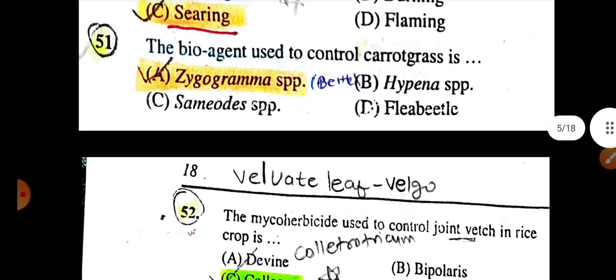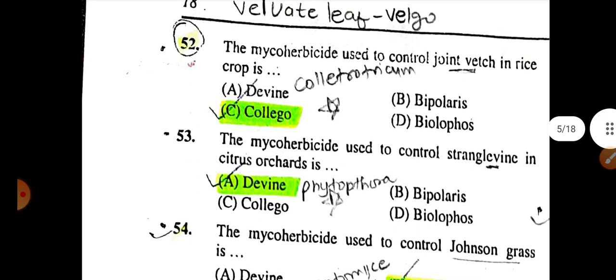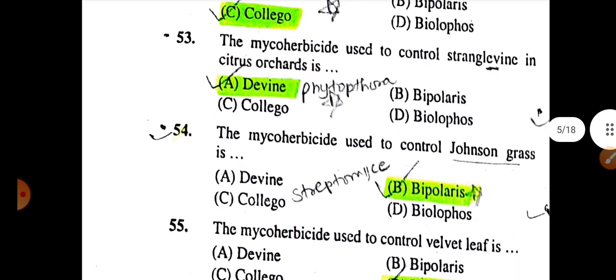A bioagent used to control carrot grass is Zygogramma species. Zygogramma is a beetle. A mycoherbicide used to control joint vetch in rice is Collego, causal organism Colletotrichum species. A mycoherbicide used to control strangler vine in citrus orchards is Devine, causal organism Phytophthora species.